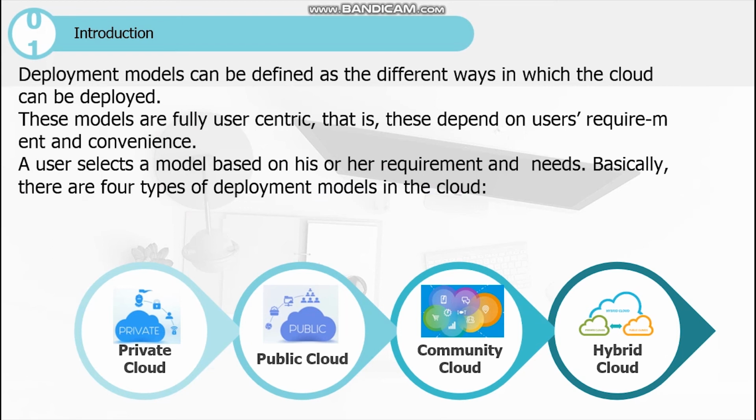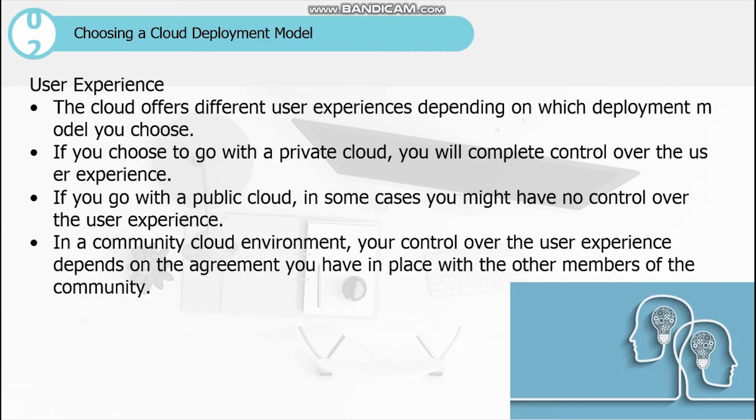Before I analyze more about these four clouds, I will talk a little bit about how to choose the suitable cloud deployment model. There are factors that affect our decision: the user experience, the security, and the responsibilities. The first factor is user experience.